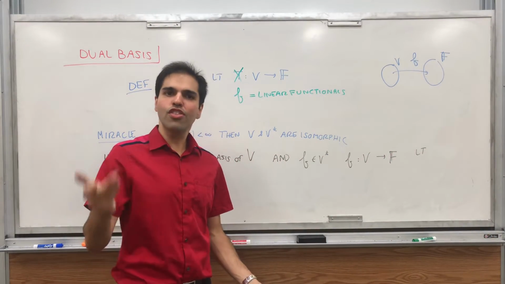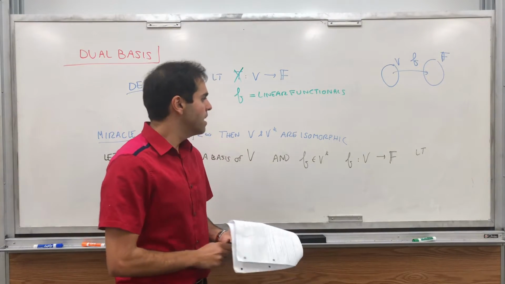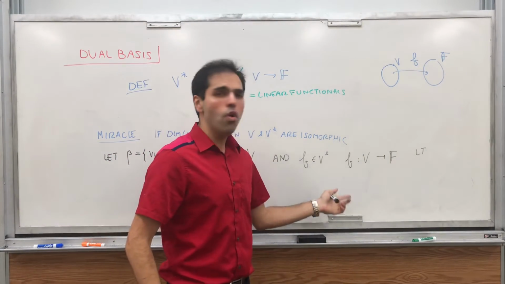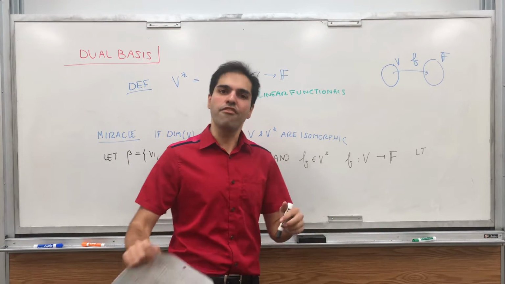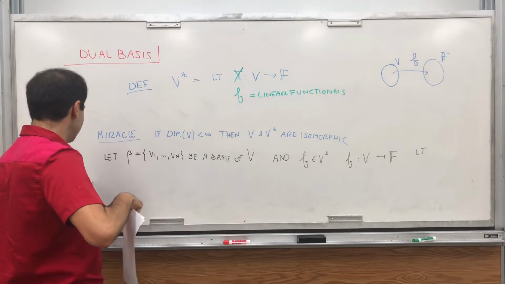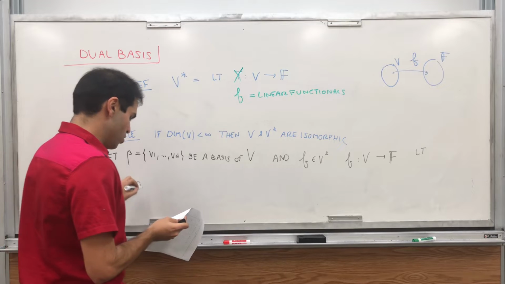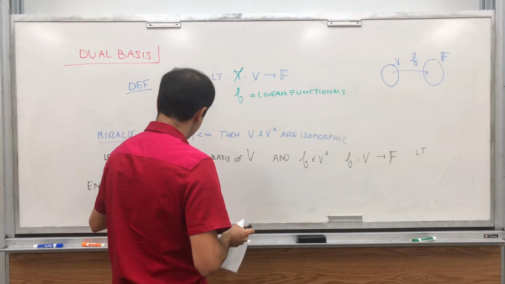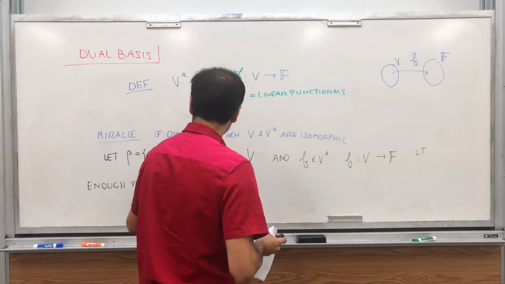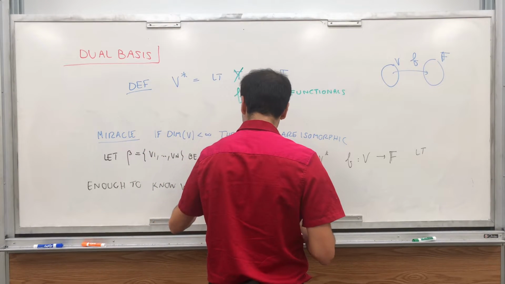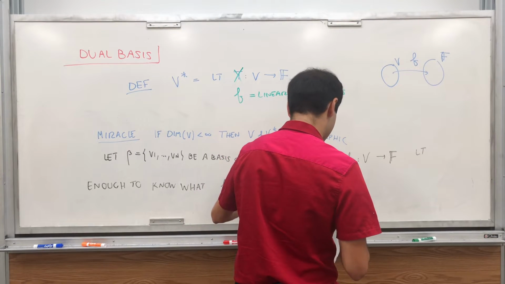There's this beautiful thing called the linear extension theorem, of which I have a video, that says if you know what T does on basis vectors, you know what T does on every vector. So basically, it's enough to know what F of Vi is, what F of V1 up to F of Vn are.